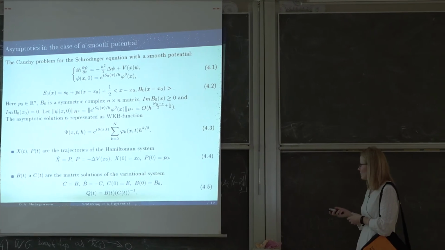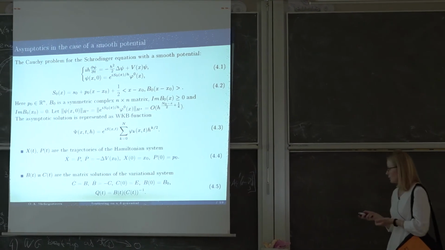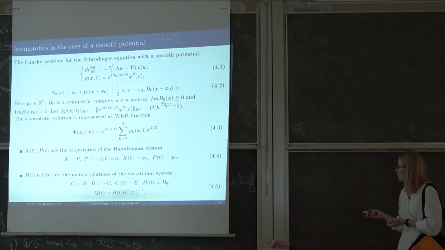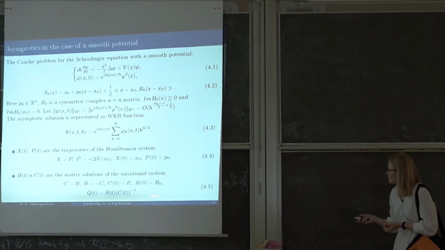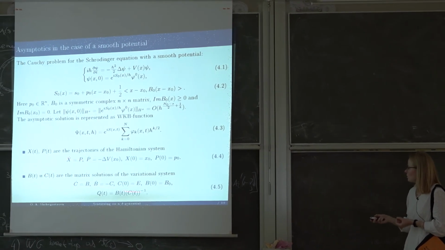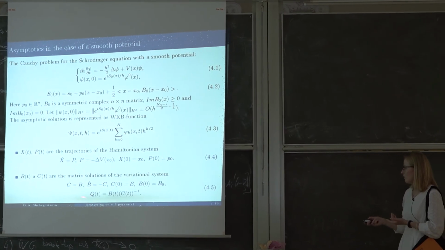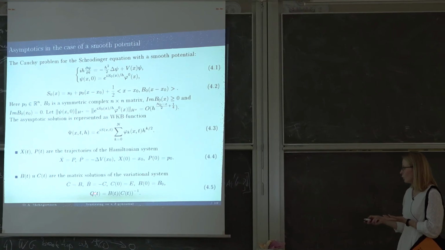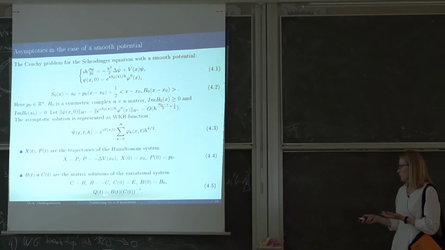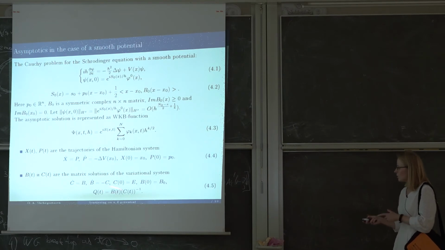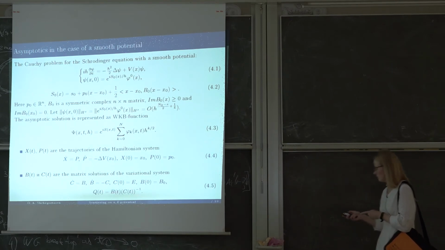Then let's consider the variational system, which is also defined by this initial data, and we introduce the matrix function Q, equal to the composition of matrix B and the inverse matrix C.